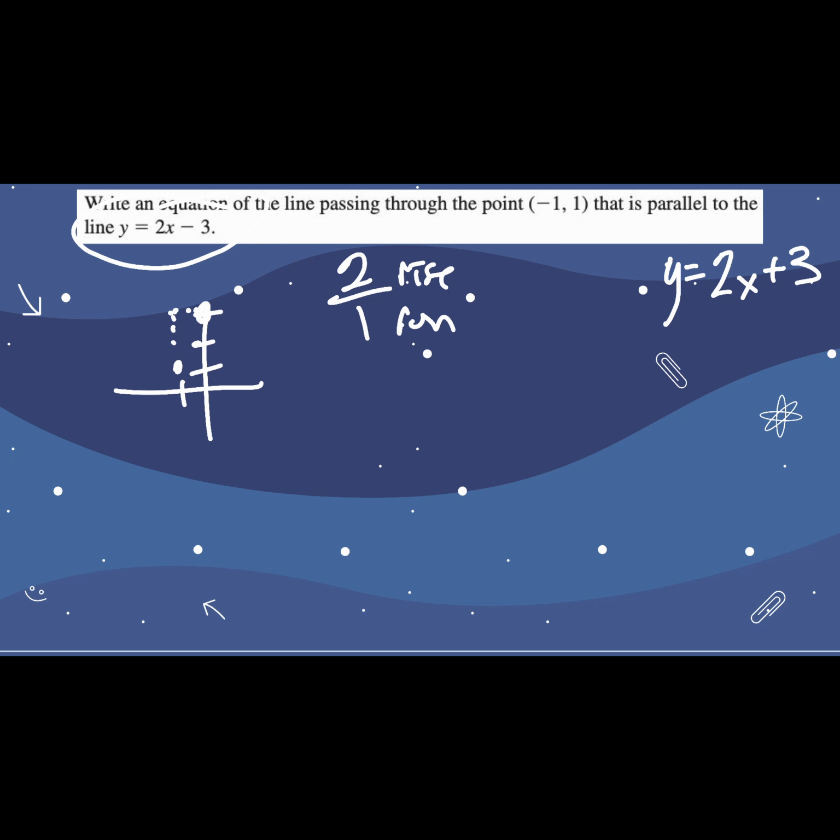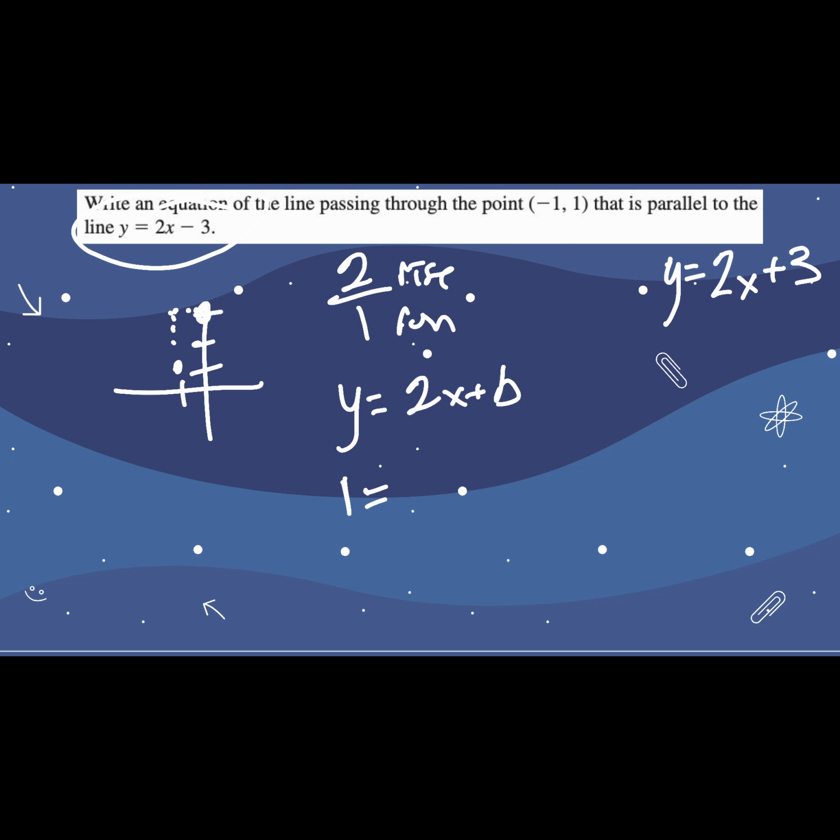Or we could use the point that they gave us up here. We know for sure that y equals 2x plus, and we're looking for that y-intercept, that b value. Well, our new line goes through point -1, 1.